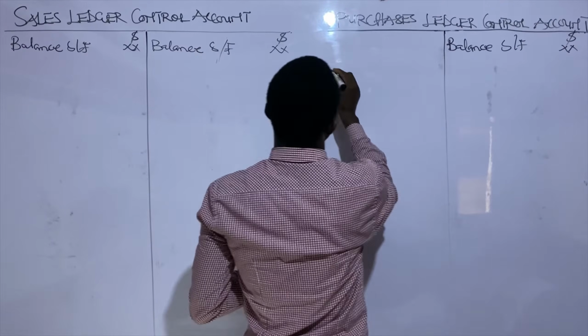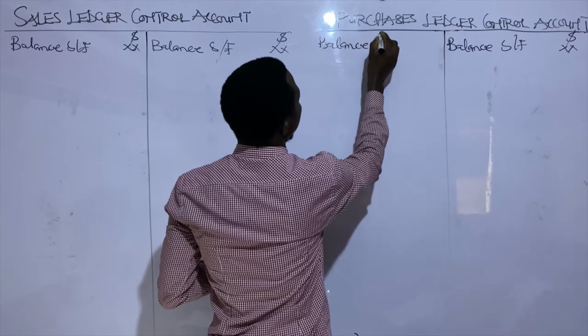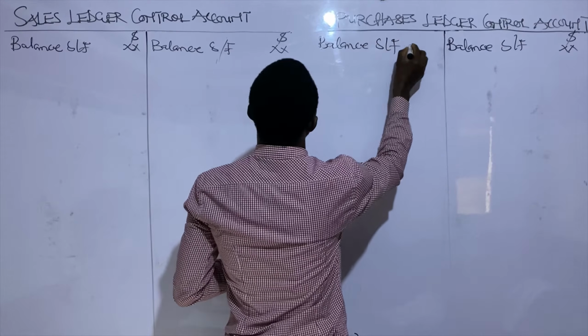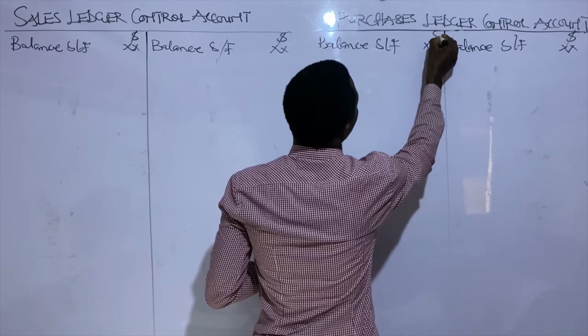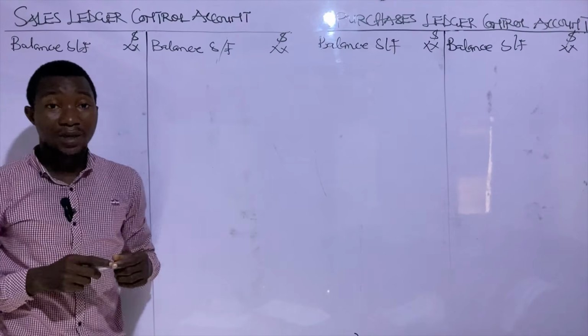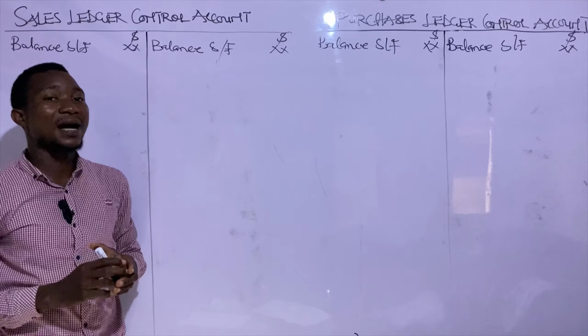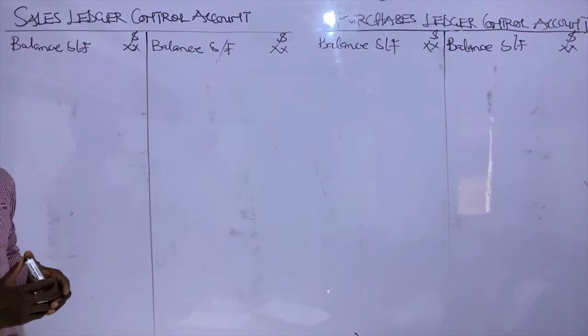We could also have a balance brought forward in the case as we did to this. Is that okay? Good. Now the next item I would like to look at is sales.